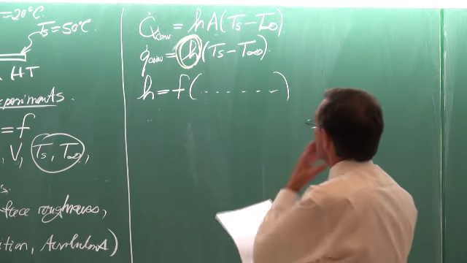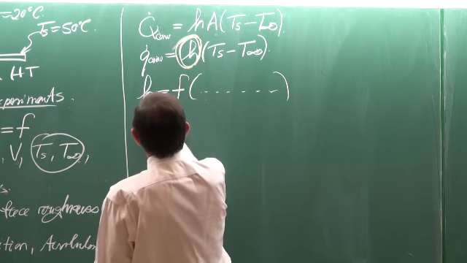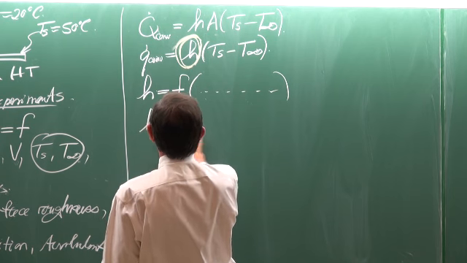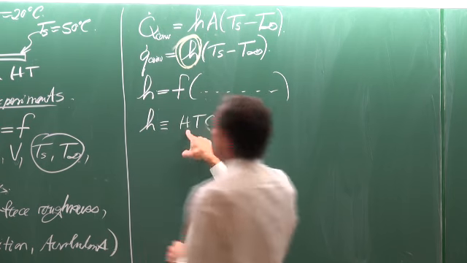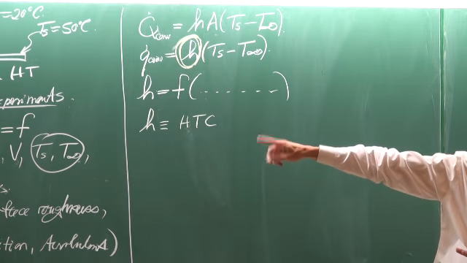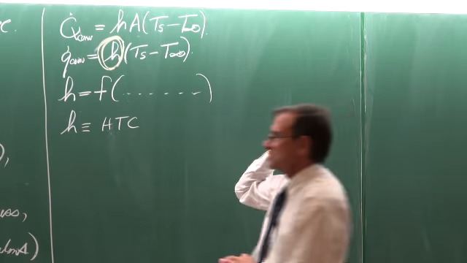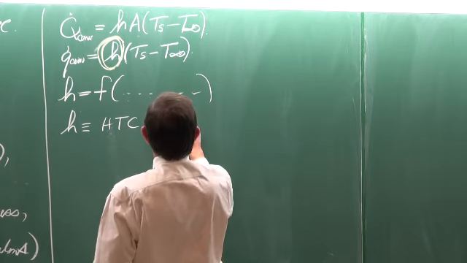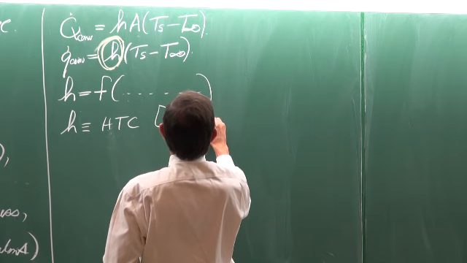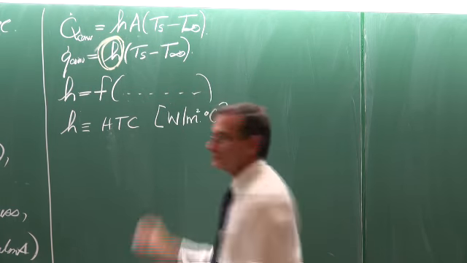So we know that this h is called the heat transfer coefficient. In many cases we are going to write HTC, the heat transfer coefficient, and its units are watts per square meter degree Celsius.